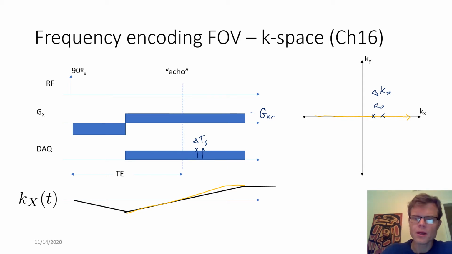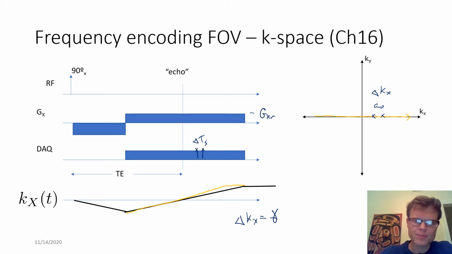And a distance in k-space is, how I call it, proportional to the gradient area during a time interval.